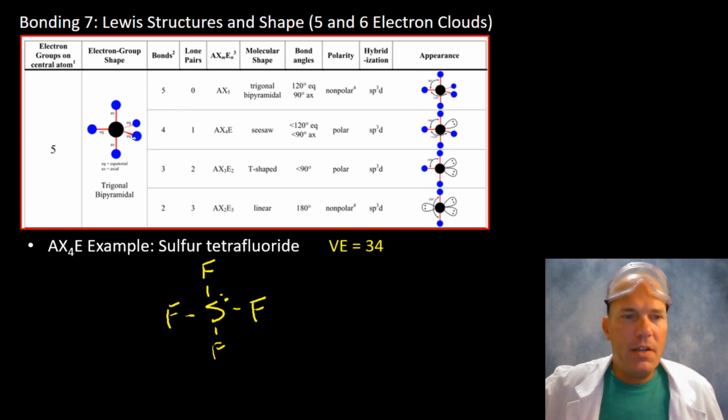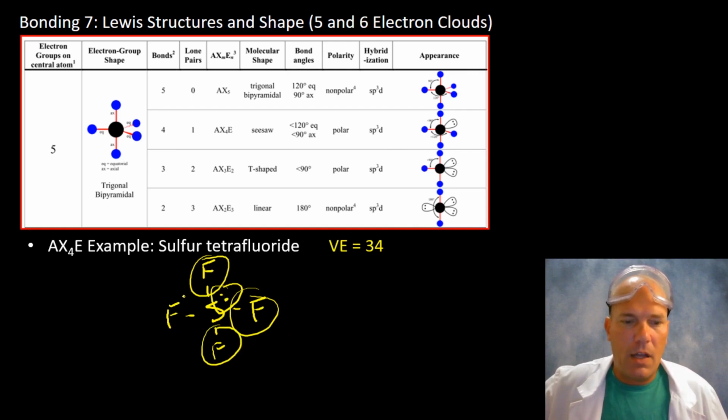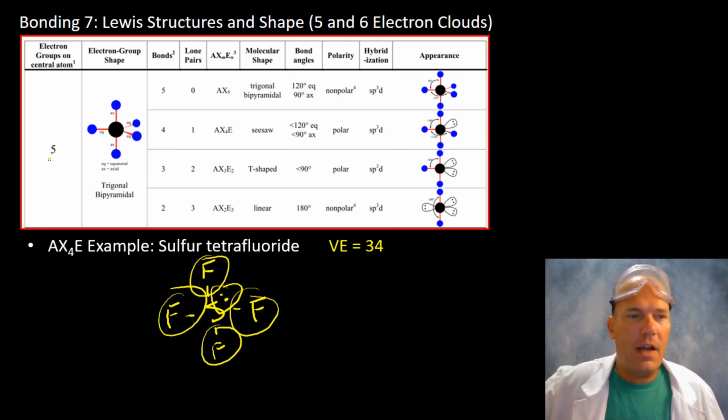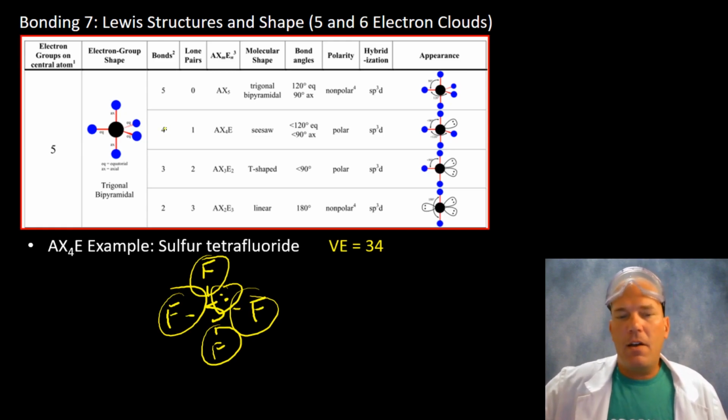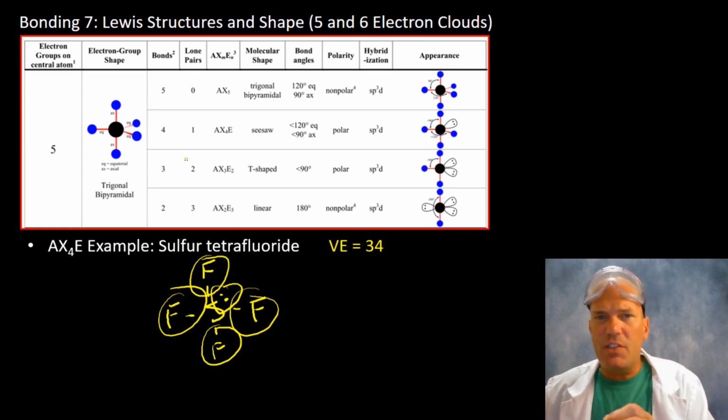On your shape sheet here, we can go through, we have 5 clouds. Now remember, I'm not going to do this for everyone, but that lone pair on the central species is a cloud, so that's a total of 5 clouds or electron groups. We have 4 bonded atoms and 1 lone pair on the central species, which gives us an AX4E structure. This is known as a seesaw.